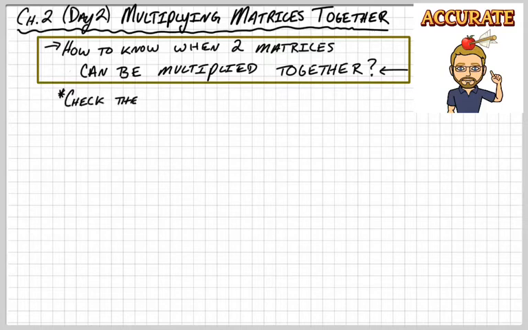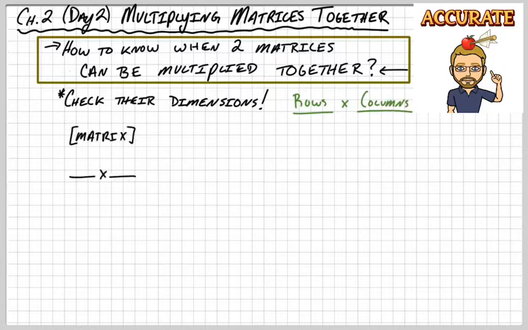Well, it comes down to their dimensions. So we have to start by checking the dimensions of our two matrices. And we know dimensions are just rows times columns. So let's say we have our first matrix here, whatever it is, however many entries are in it, and then our second matrix here. We're trying to multiply this matrix times this matrix.